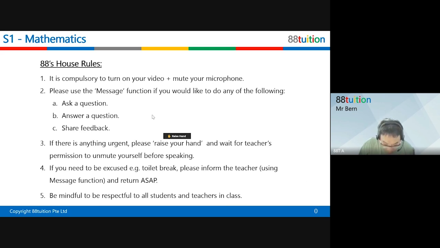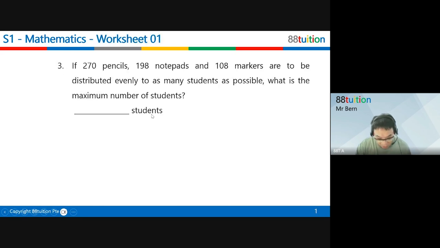So today our first question is actually question 3, from worksheet 1. Children, last week I didn't manage to finish this question, so today I want to talk a little bit about it. We are into the topic of prime, and under the topic of prime we talk about something called prime factorization, remember?